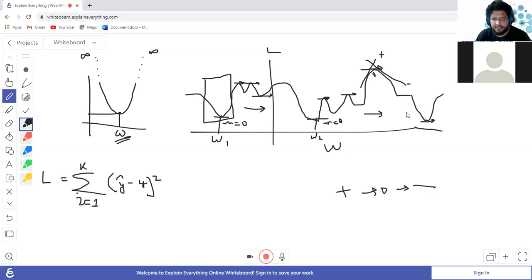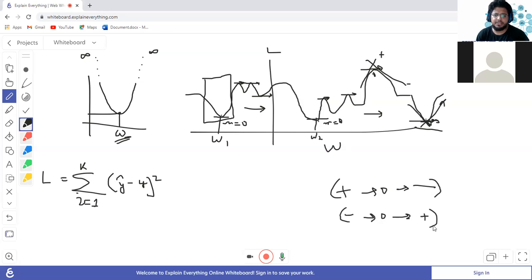But if it is negative, 0, then positive, then it is called a minima point. So this is the criteria for a maxima point, and this is the criteria for a minima point.